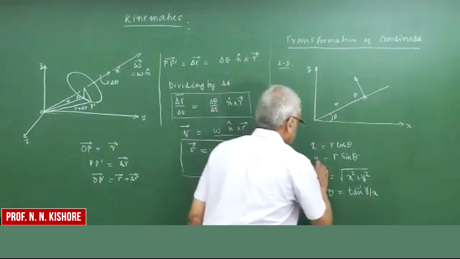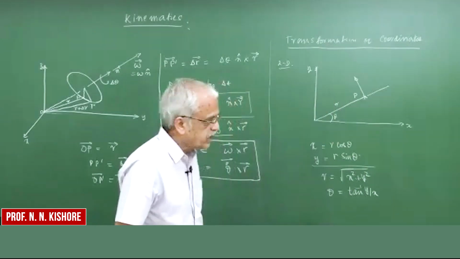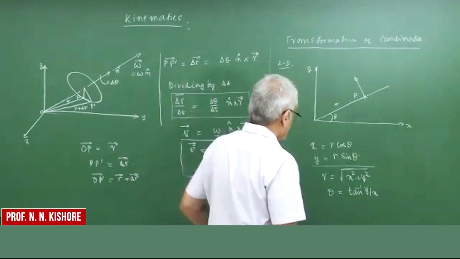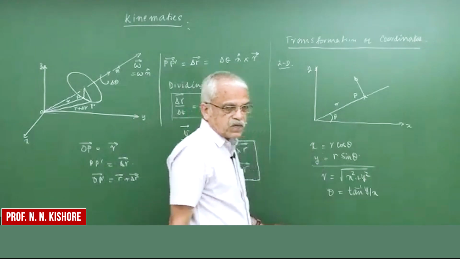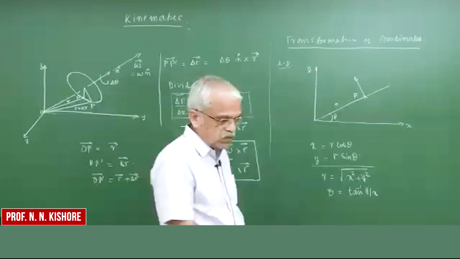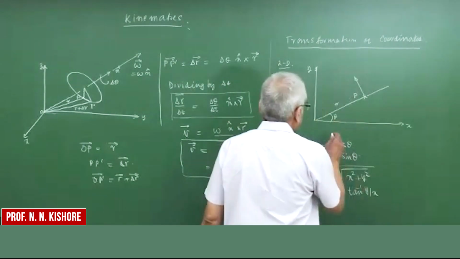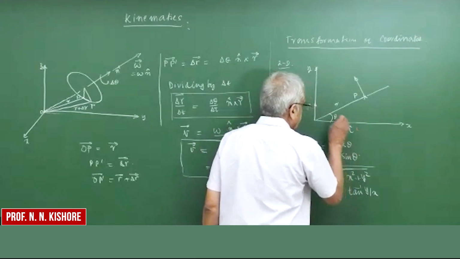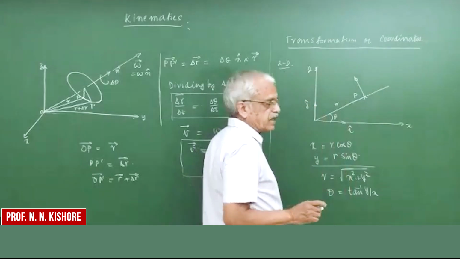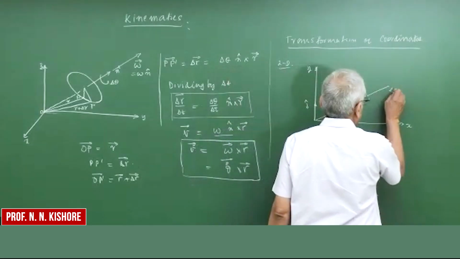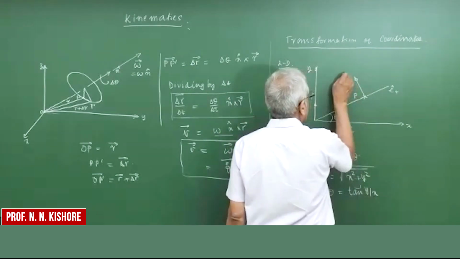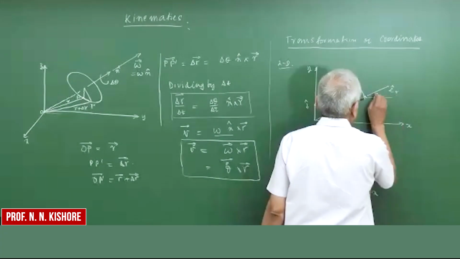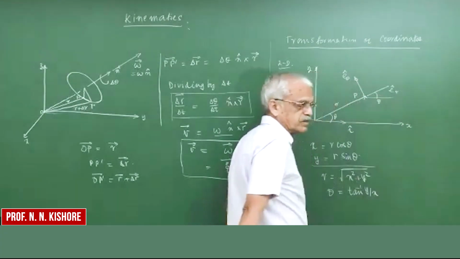That is going from one coordinate system to the other. But we also need to know how the unit vectors transform. So we have i and j here, and here we call them e_r and e_theta, where this is theta.